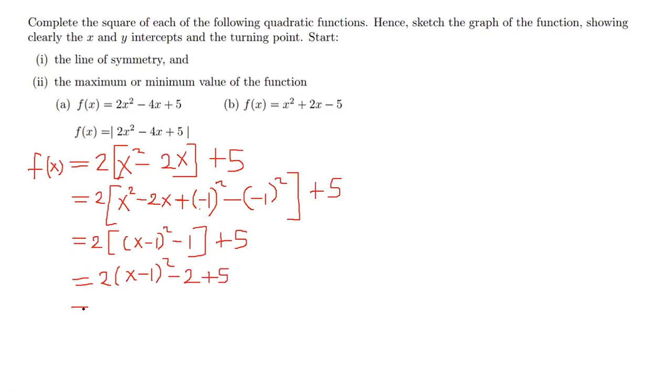And then what you do next here is you just simplify it. Now we are almost done with the question. We just simplify it. So negative 2 plus 5 there, it will give you positive 3. So this is basically how you complete the square of any given function.